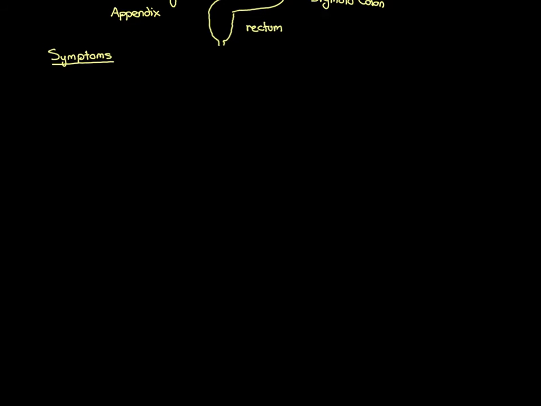Symptom number 1 then is that during an episode of inflammatory bowel disease, you will get abdominal pain. Now, hopefully you can understand why this is. You have got inflammation occurring within some portion of the intestinal wall. When inflammation occurs in a tissue within the body, it leads to the activation of the pain neurons within that portion of the tissue.